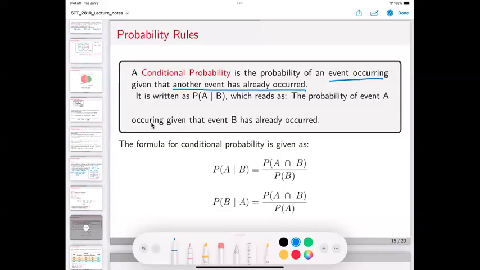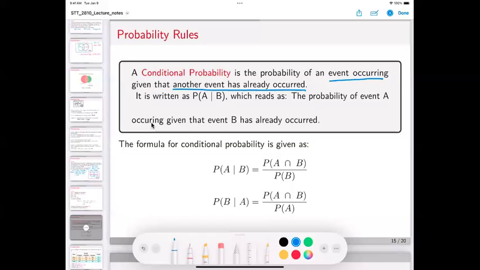Is that okay? For example, the probability of someone getting a headache given that the person already has COVID. Does that make sense? So the person already has COVID. They are trying to find the probability of you having a headache. Is that okay? So that is a conditional probability.